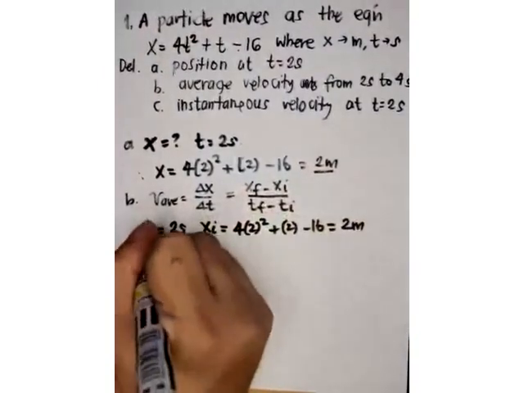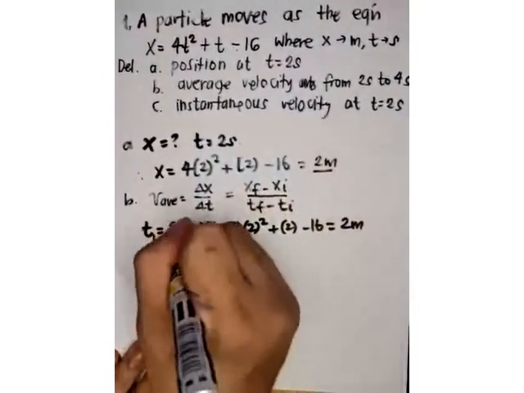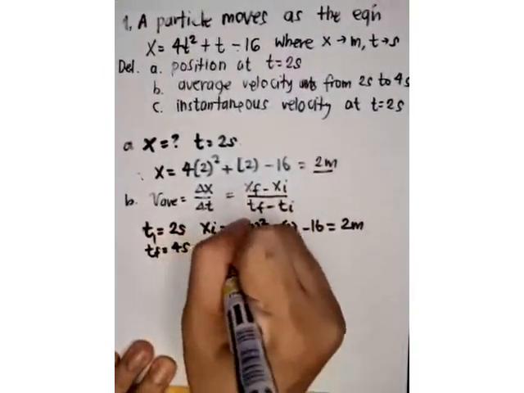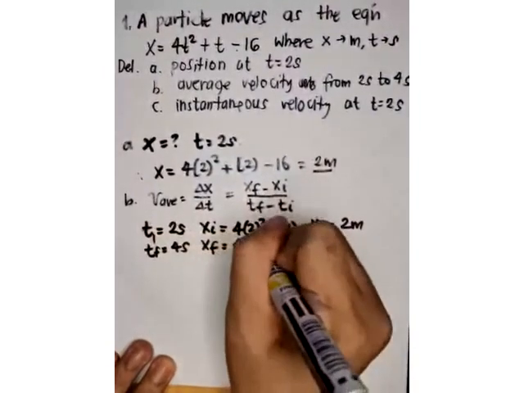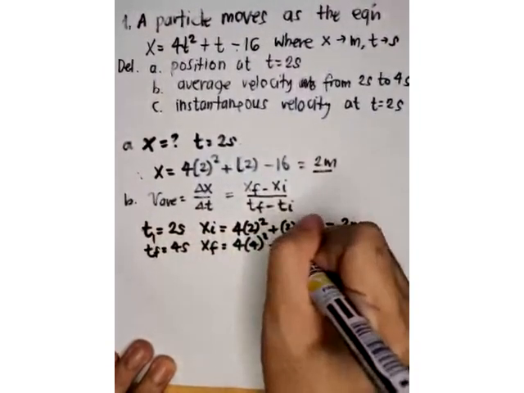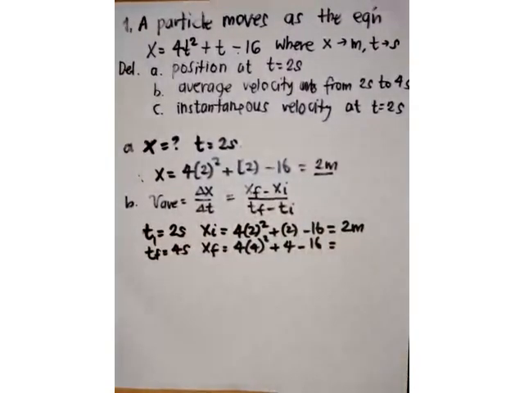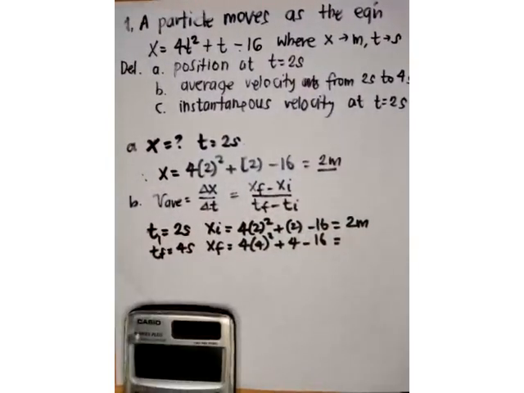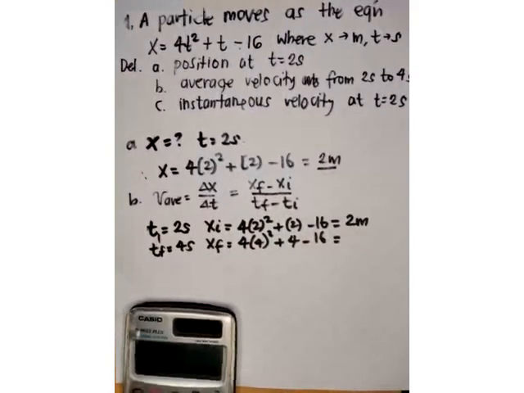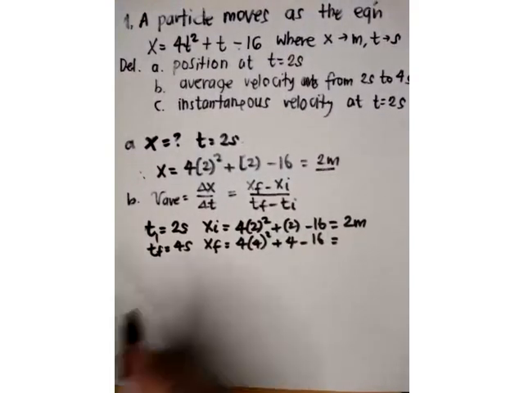And then, at T final, which is 4 seconds, so that's X final, that's equal to 4 times 4 squared plus 4 minus 16. So that's equal to 52 meters.